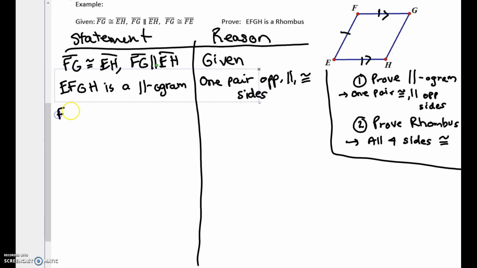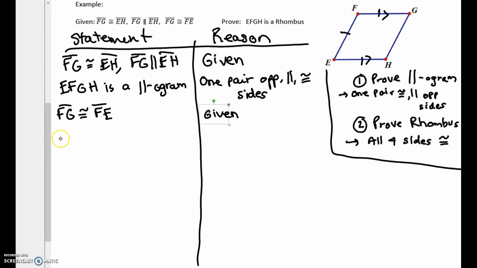Now let's list our other given. We also know that FG is congruent to FE. That's given. Well, we've got FG congruent to two of the sides, but not the third side. So let's look at that.